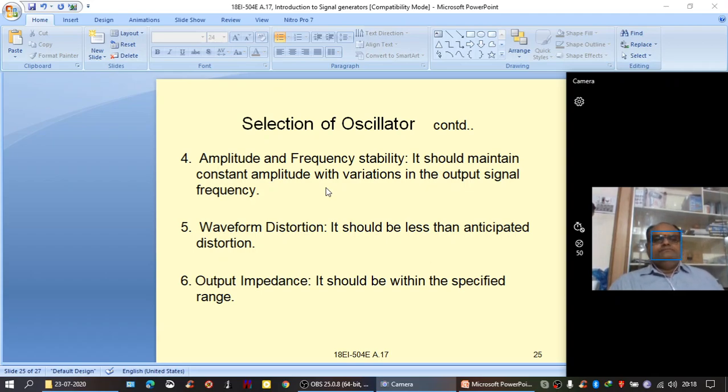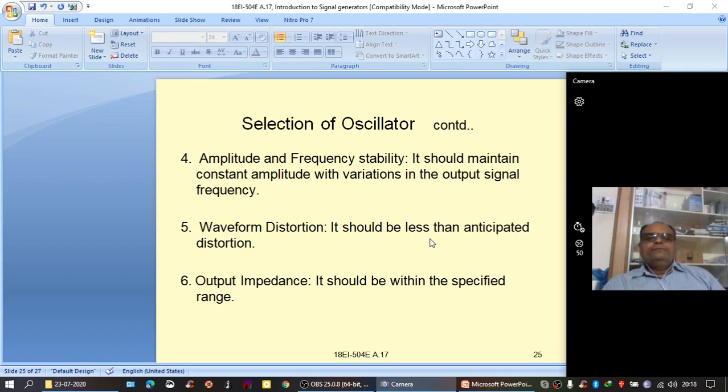Waveform distortion. The signal should be distortion free. That is the third requirement. And here that also we have to consider when we are selecting an oscillator. Whether the oscillator is producing a signal with less distortion or not, that is what we have to check for.